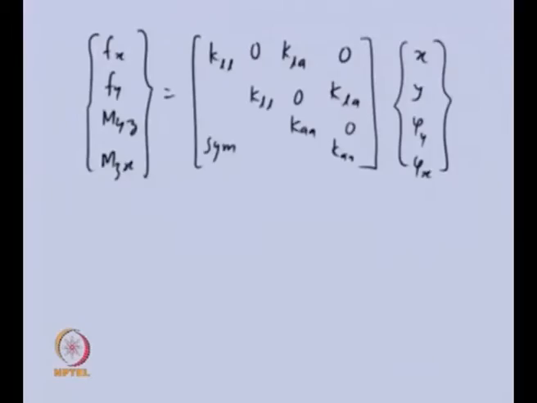I will be expanding these matrices for more clarity. Basically, this K matrix is the same as the previous one, and the M matrix is the mass matrix. Based on the ordering of the displacement vector, it will have this form.